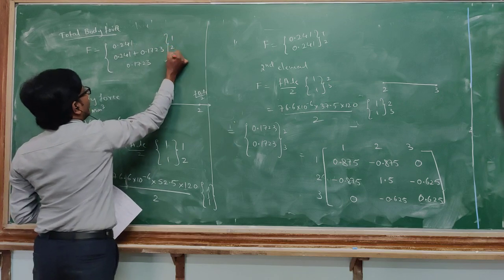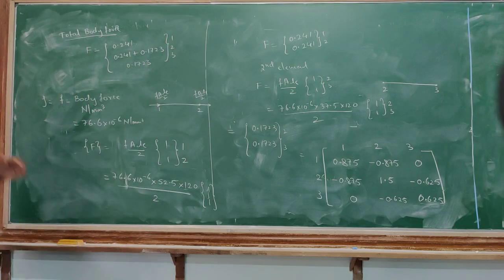The nodes are 1, 2 and 3. So this is the total body force.